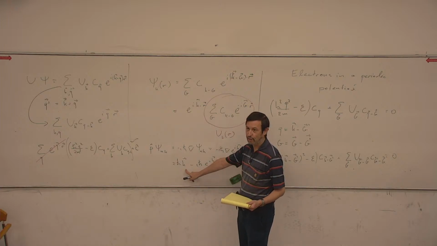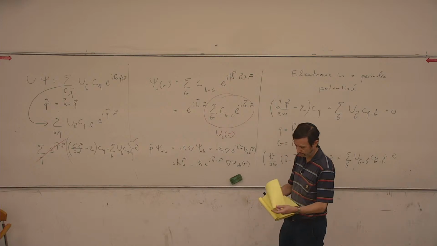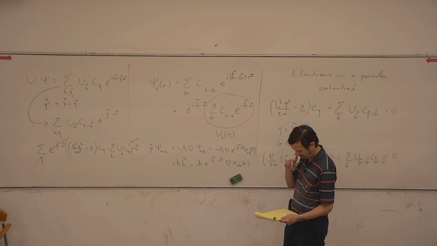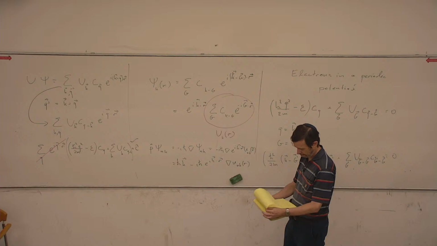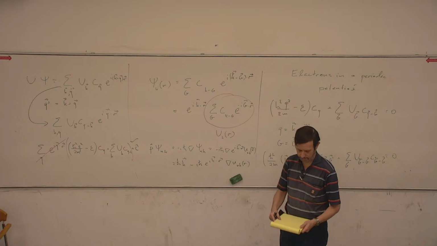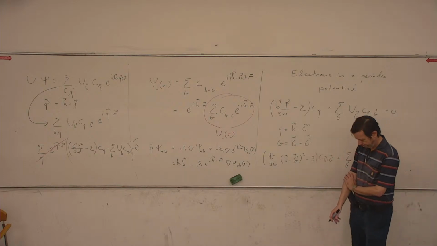So P is not necessarily h bar times k for a lattice. It has an additional contribution.